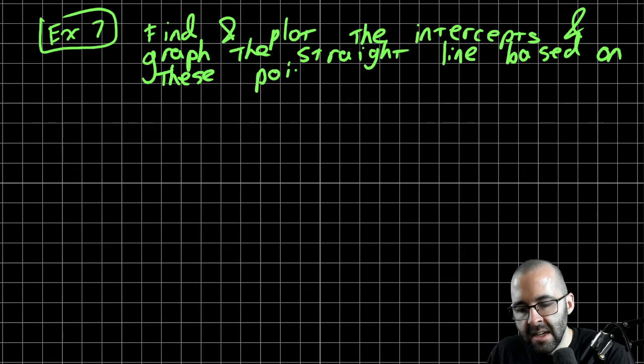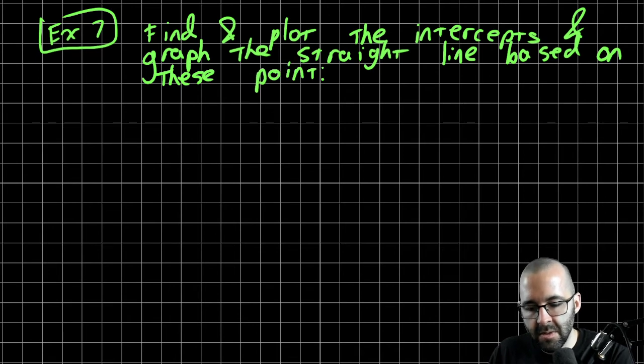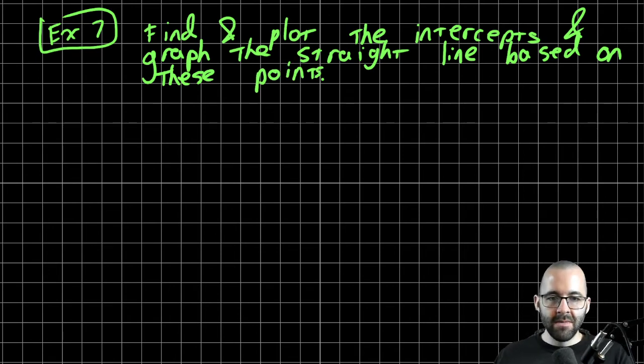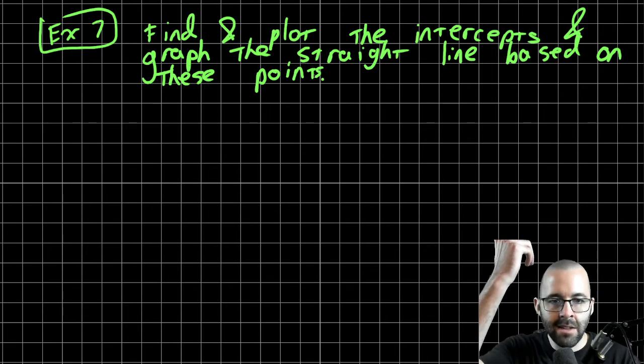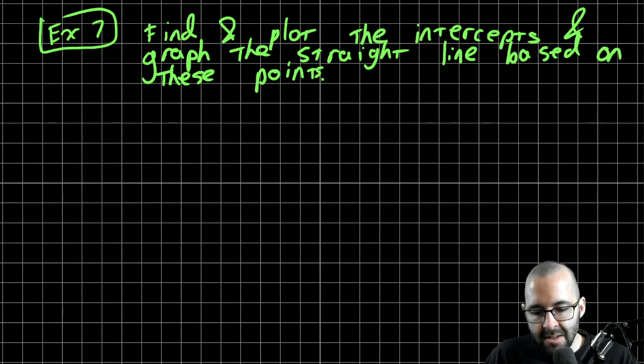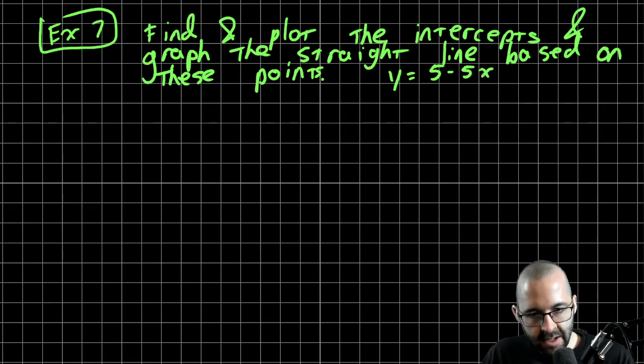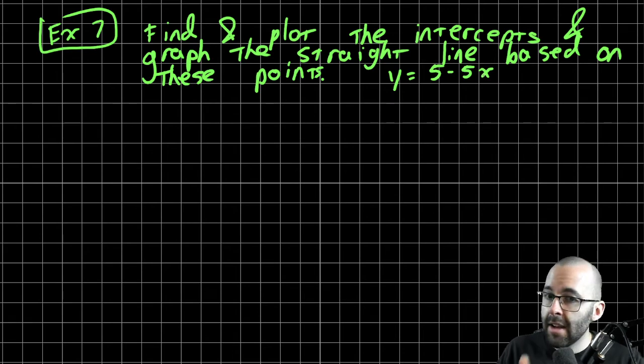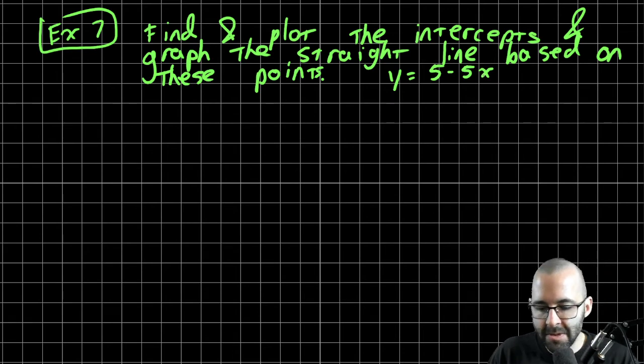So remember, if it's a line, 2 points completely define a line. So as long as we have 2 points, connect the dots, and you know what that line looks like. This is going to be for the function y equals 5 minus 5x. Let's find the intercepts. Let's plot the intercepts. Let's draw the line and check our answer with Desmos.